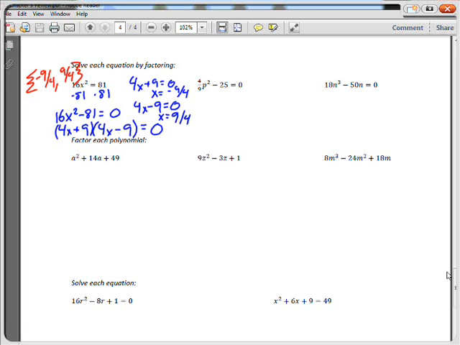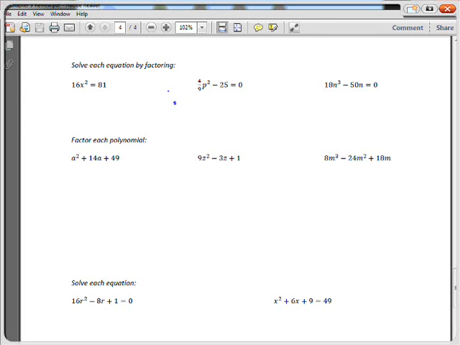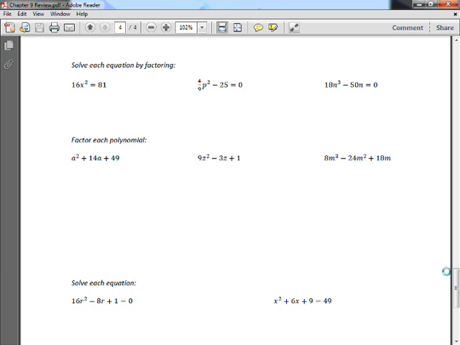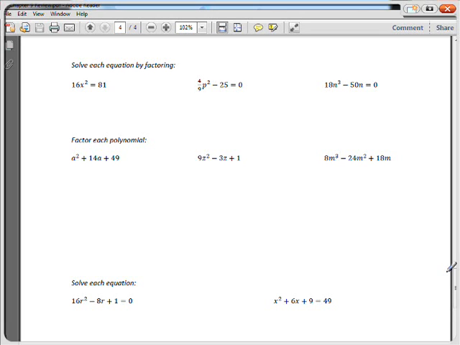On the next one, we can go about it a couple different ways. I'll show you both of them. First off, we're going to solve it by leaving the fraction in there first. 4/9 p squared and 25, those are both perfect squares. The square root of 4/9 is 2/3.